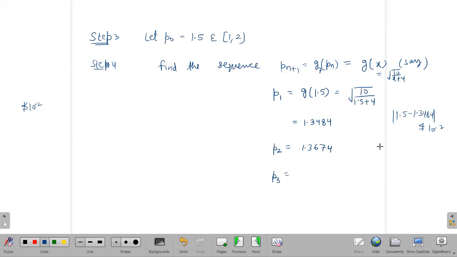Then before p3, we have to find the p2 minus p1 difference. It is not less than 10 raised to minus 2. Then you find the third iteration. It is nothing but g at p2, means I'm putting this point into this function, root of 10 by 1.3674 plus 4. So you will get the value, it is 1.3653.